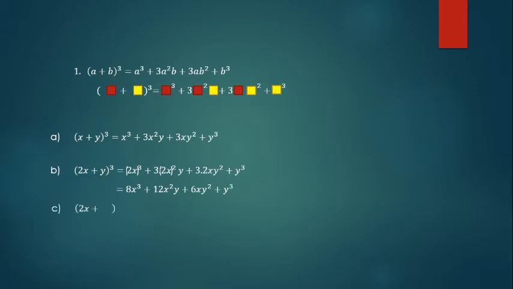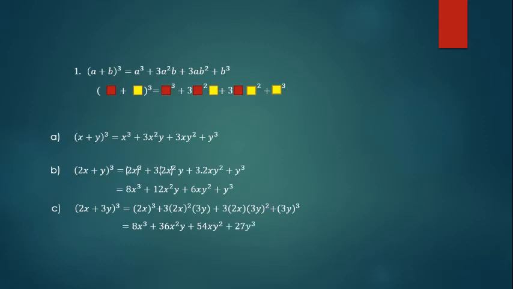If we make y as 3y this time, then we replace all the y's with 3y, and hence we have (2x) whole cube plus 3 into (2x) whole square into 3y plus 3 into 2x into (3y) whole square plus (3y) whole cube. The next line gives us the answer. 3 lines, that's all you need. You don't need to do more than that.